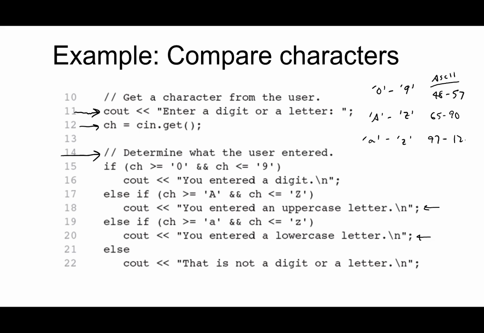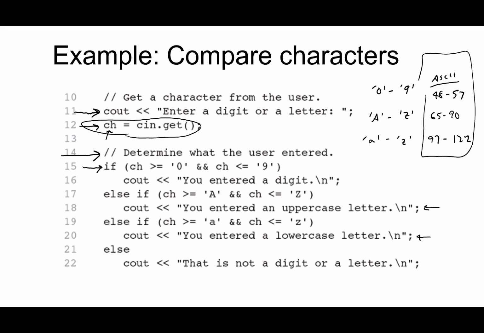Because these digits and letters are stored with different ASCII codes, we can determine what the user entered, whether a digit, an uppercase letter, or a lowercase letter. So we get whatever the user entered with the cin.get, store it in the ch variable, and then determine what the user entered.